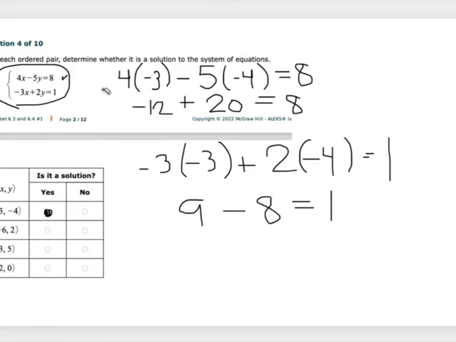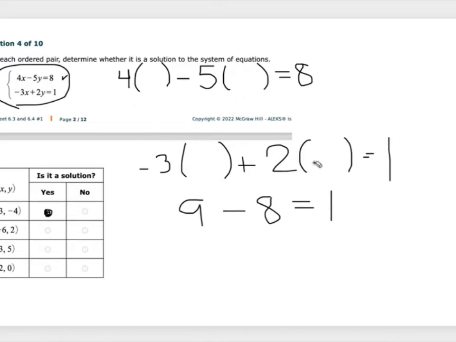So let's try the others. We're going to erase the x, and we're going to erase this first one here, and we're going to erase the x and the y, and erase this one here. Okay, so let's go and do the second point. Negative 6, 2.